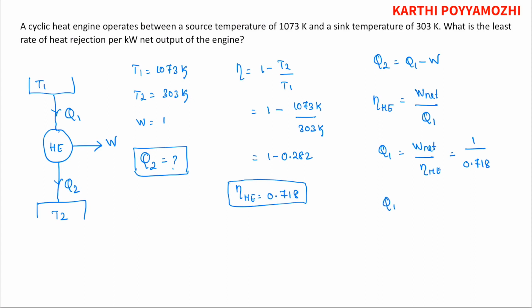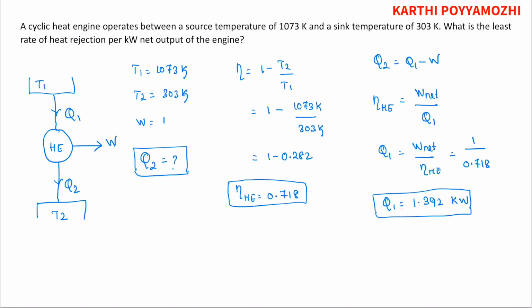And Q1, after calculation, you will get 1.392 kilowatt. Now you have found the value of Q1, and by substituting this value in this equation, you can arrive at the value of Q2.